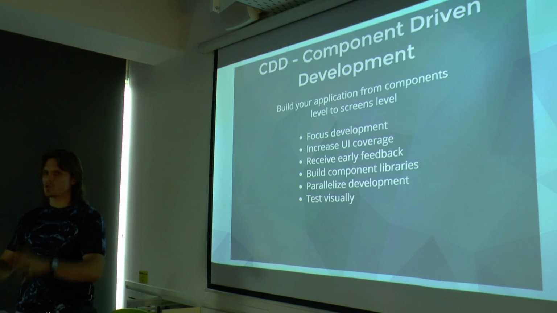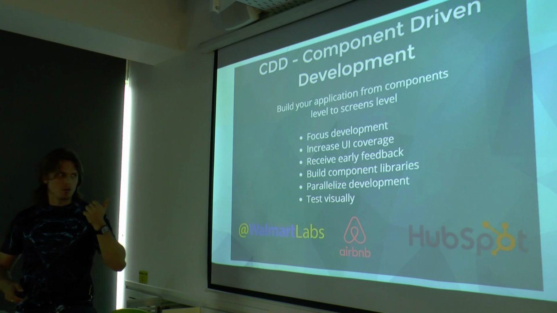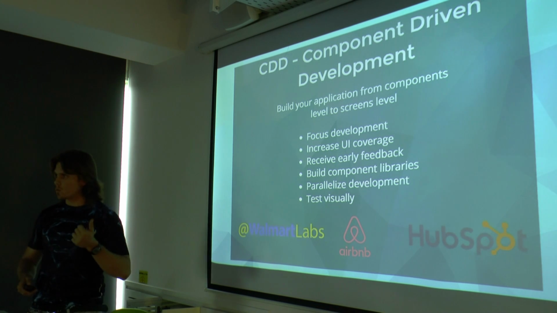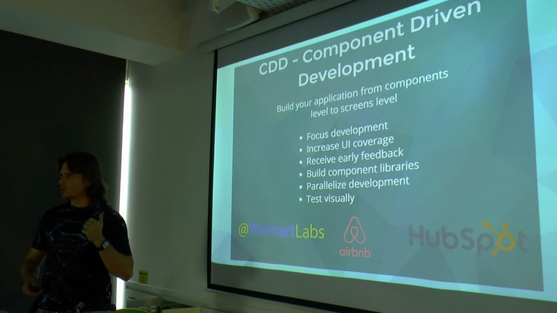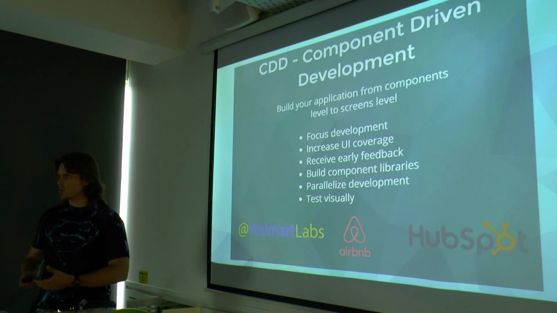And you have a huge component library that you can also open source, which is what Walmart Labs, Airbnb, and HubSpot are doing. They have a huge amount of open source packages, and this is because they work that way. They create their components, they create the packages they need, and then they just open source them to the world.